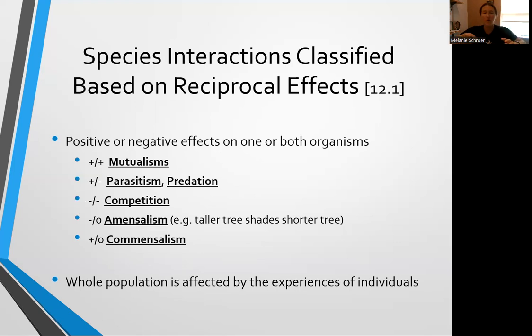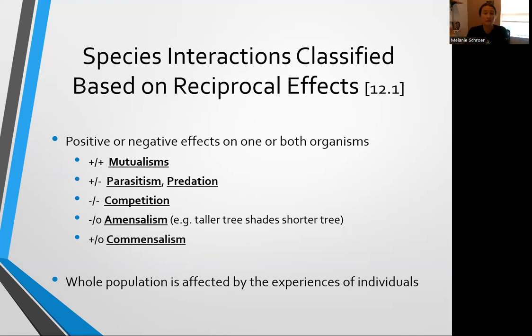Okay. The whole population is ultimately affected by the experiences of the individuals. So two individuals mutually benefiting from one another, and then you add up all of those individual interactions, that is going to determine how the population is going to respond. This is very similar to what we talked about earlier this term. Natural selection acts on individuals, and in this case, these are natural selection events.